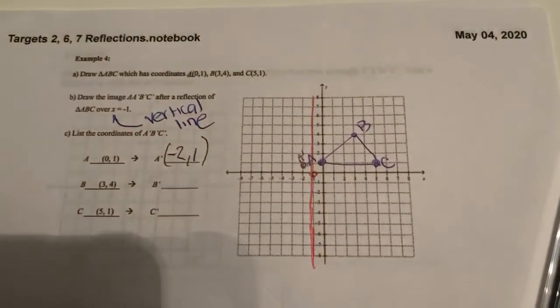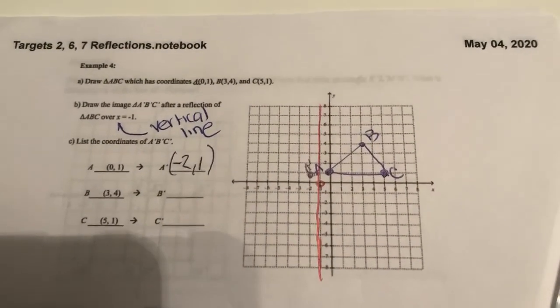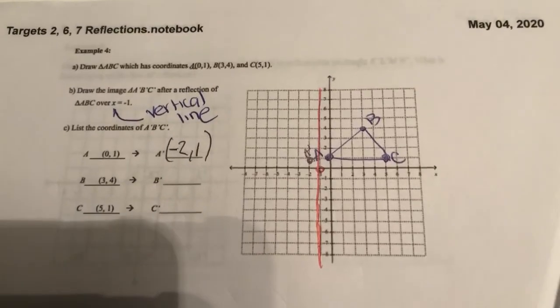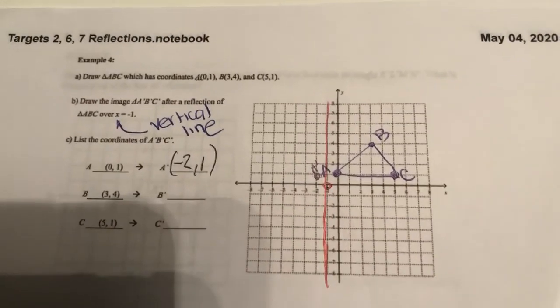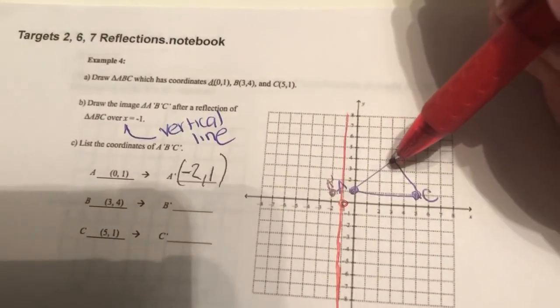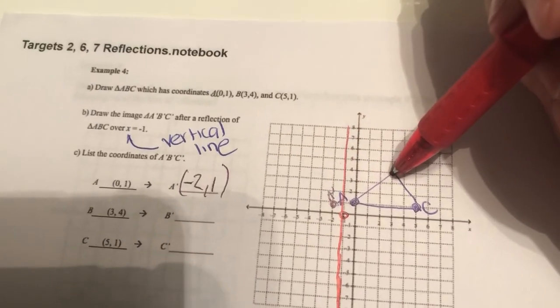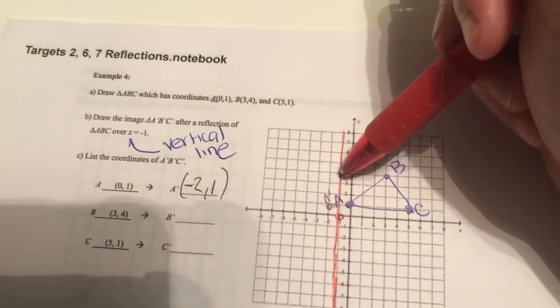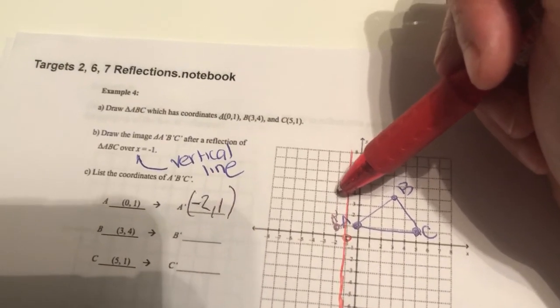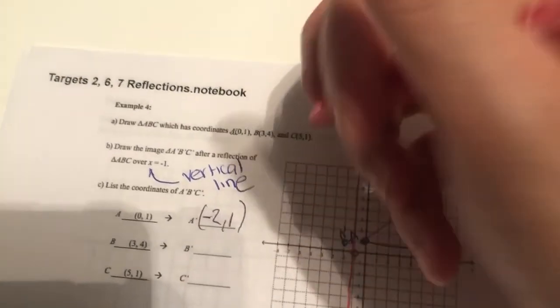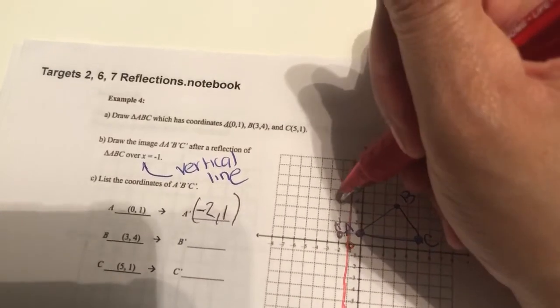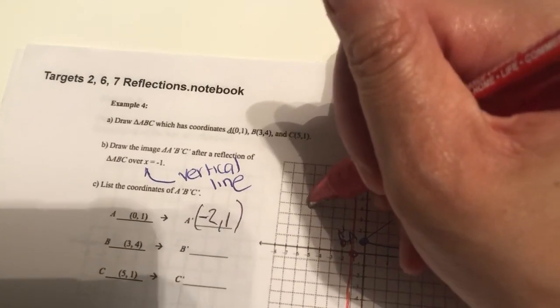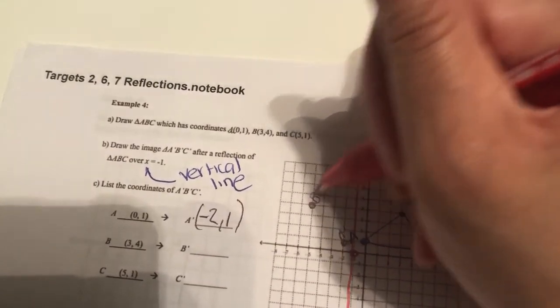Since this is not over an X or Y axis, I can't use any of the rules we have, and I would just have to count. So how many spaces away from my line of symmetry is B? 1, 2, 3, 4. I'm going to do the same thing over here. 1, 2, 3, 4.